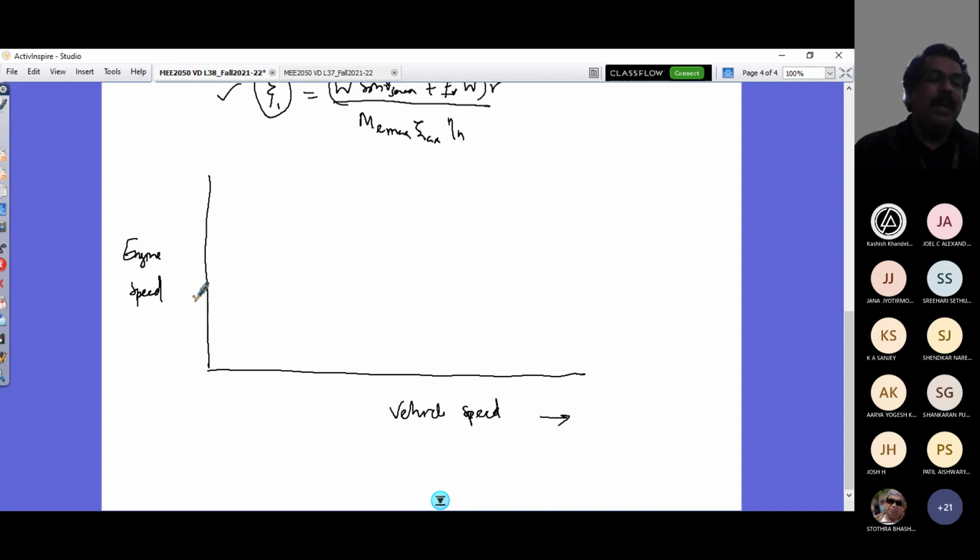So what is that common rule for deciding your intermediate gears? Geometric progression is followed, and importantly, the range of engine speed should be the same for all the gears that you are having.